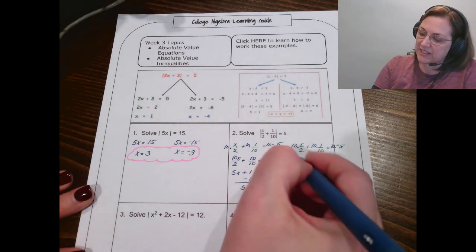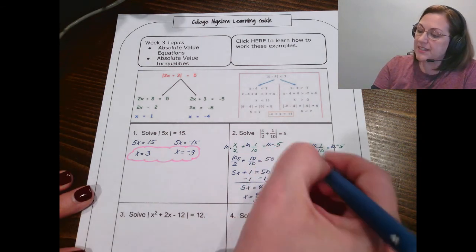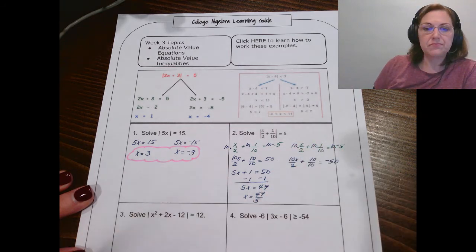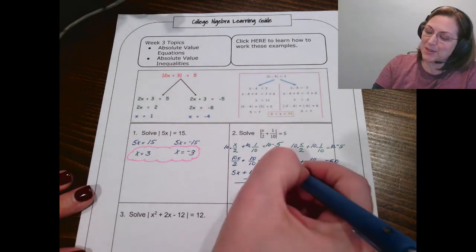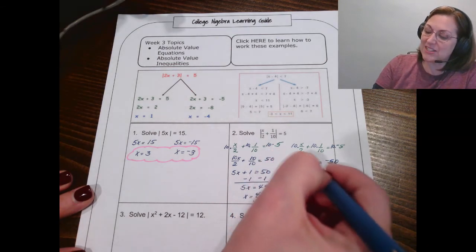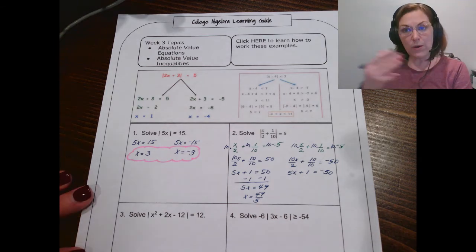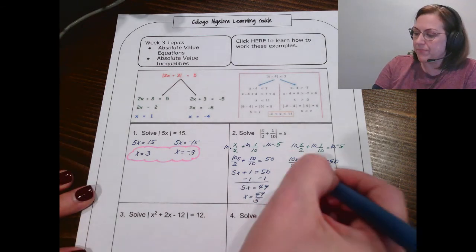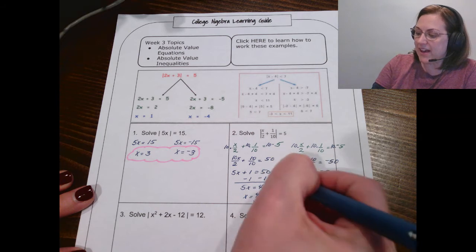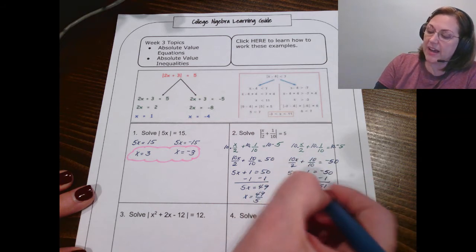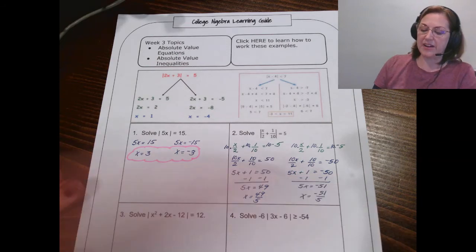I get 10x divided by 2 plus 10 divided by 10 equals negative 50, which reduces to an equation that I can solve without any fractions in it. So again, we subtract 1. I get 5x equals negative 51, and then you can divide by 5 to get the final answer.